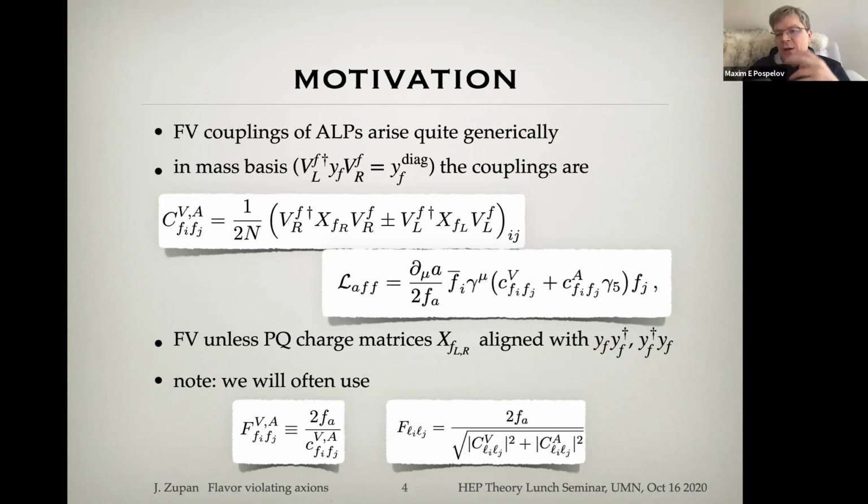In terms of popular UV completions, the axion doesn't have this three-level structure, but it's very easy, DFSZ. So in a certain way, the axion has a flavor, because it couples to flavor. So a certain kind of flavor at least.